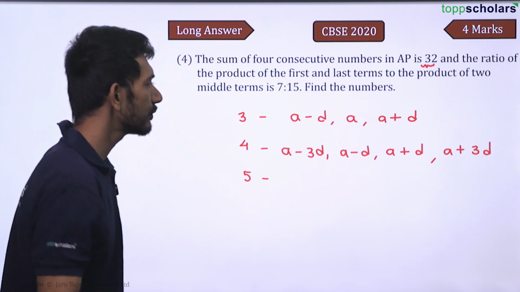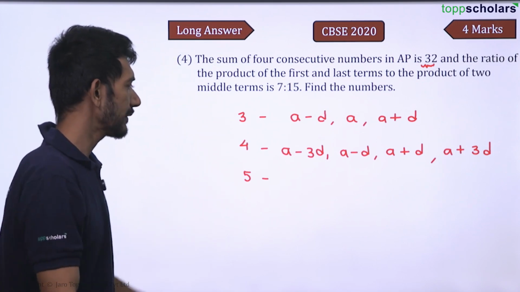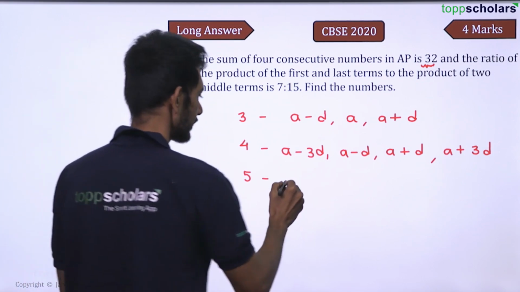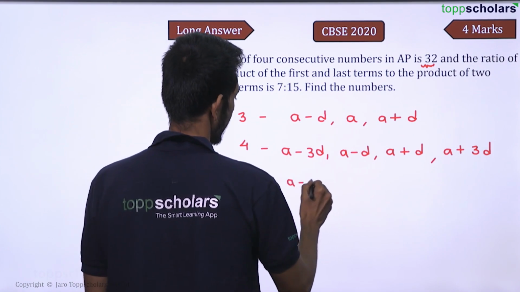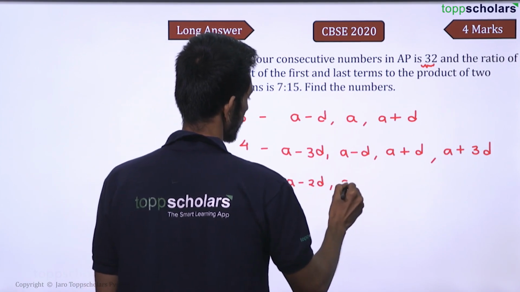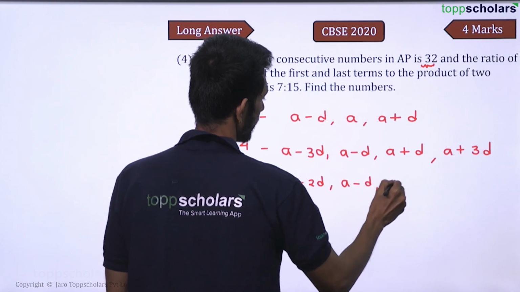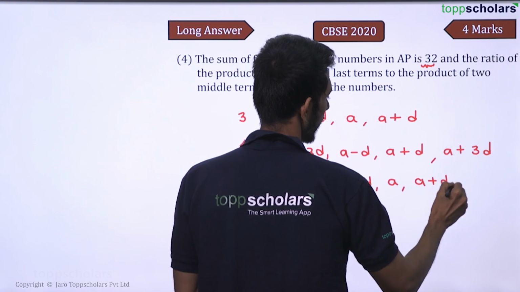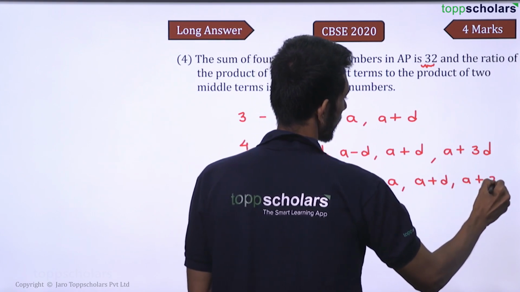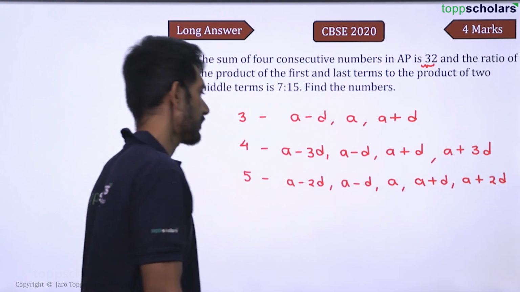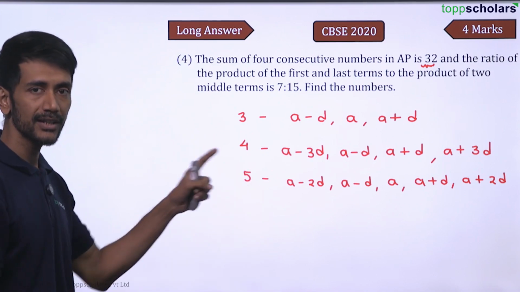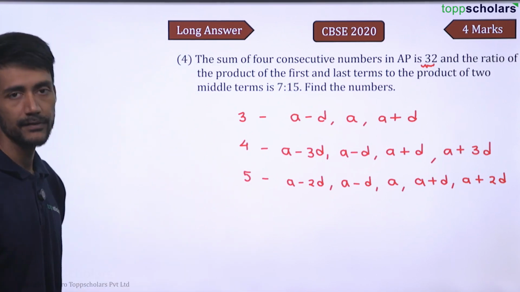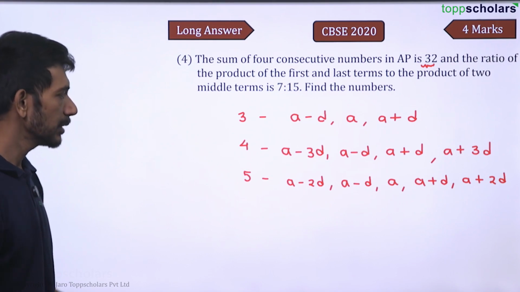This is how you assume 4 consecutive numbers. And when they say 5 consecutive numbers, we take a minus 2d, a minus d, a, a plus d, a plus 2d. So this is how we assume 3, 4 and 5 consecutive numbers respectively. Please make a note of this.